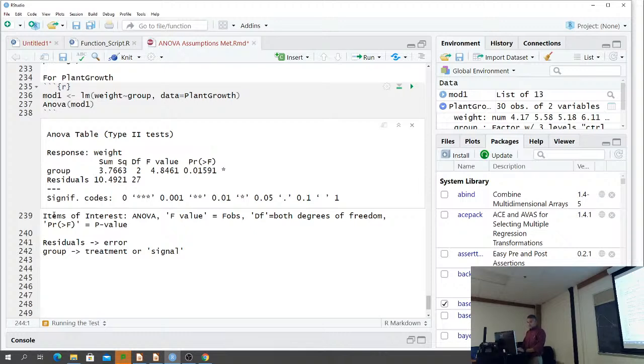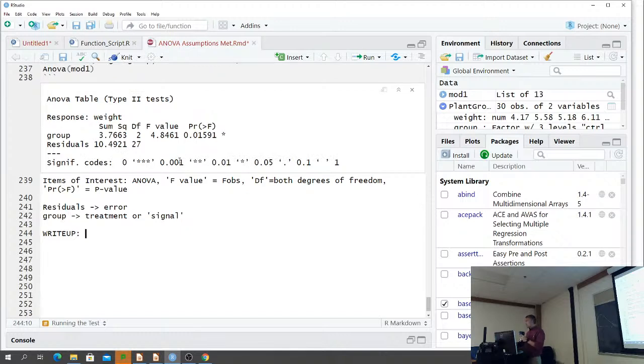So based on this, what's our write-up? What's our conclusion? Are the means equal? If the Pr(>F) is the p-value, is that true?